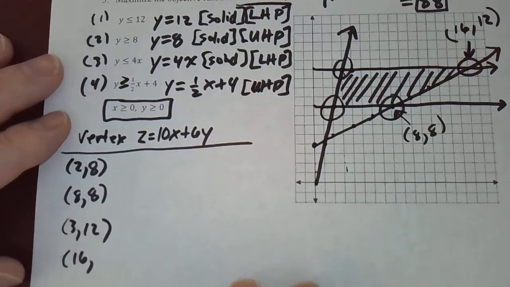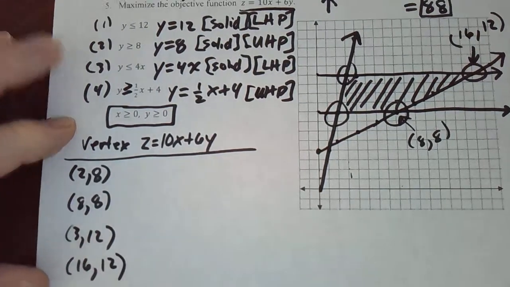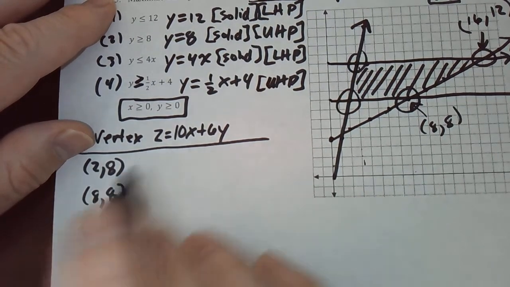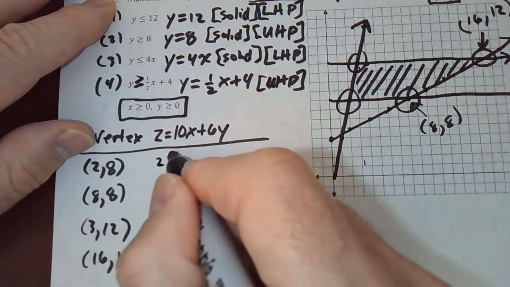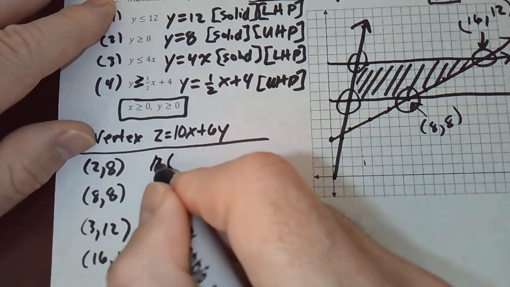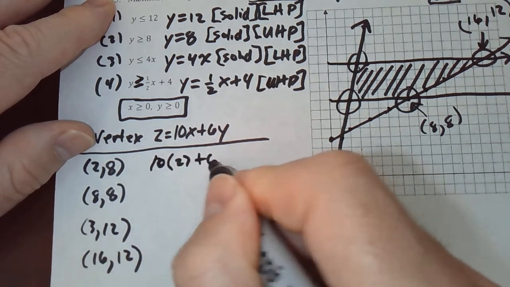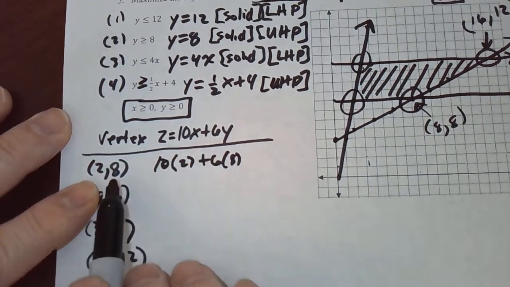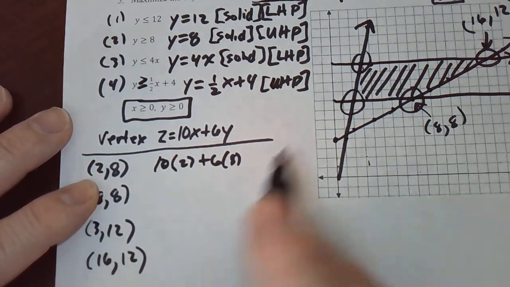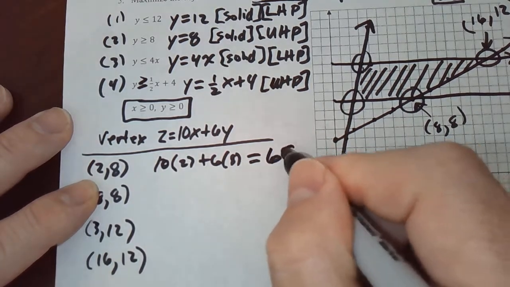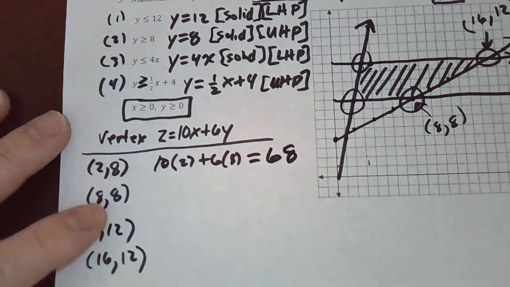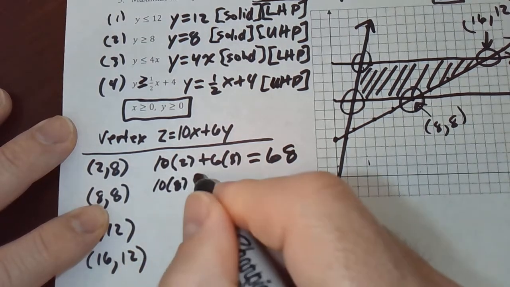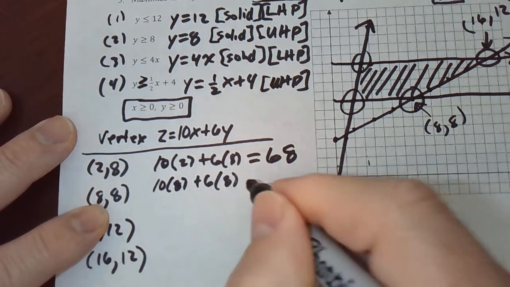Okay, so now let's compute the z value at each one of those 4 points. This would be 10 times 2 plus 6 times 8, which is 20 plus 48. That's 68 for the first point. 8, 8 would be 10 times 8 plus 6 times 8.